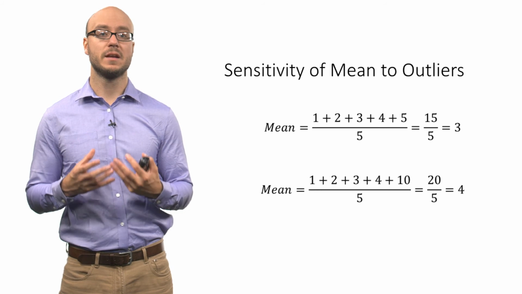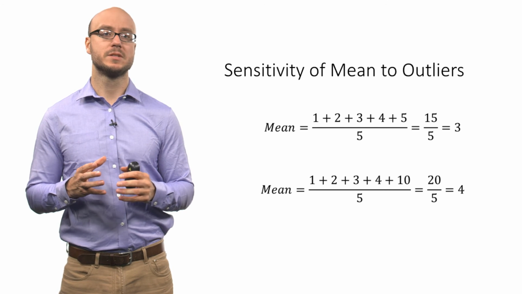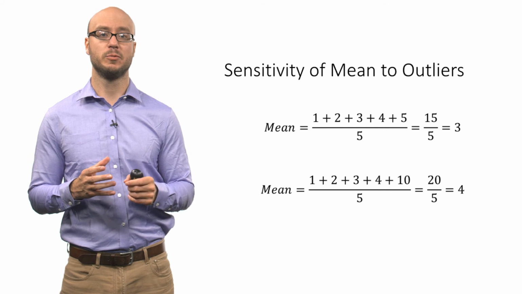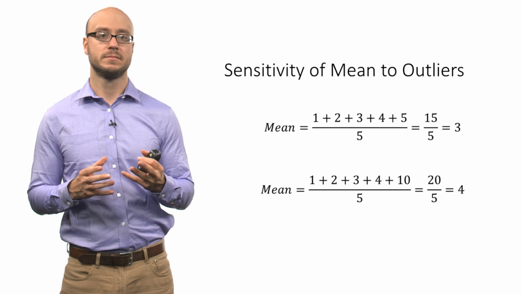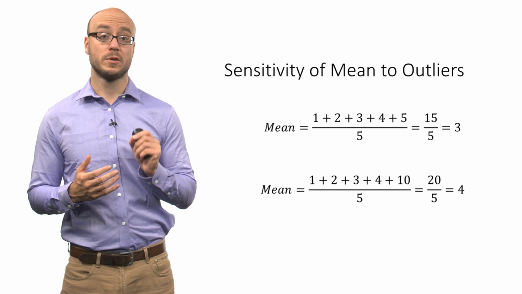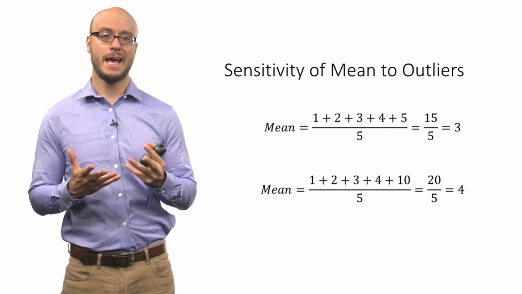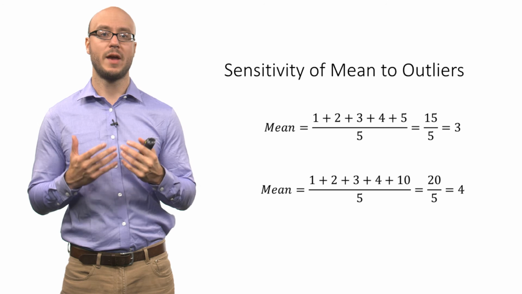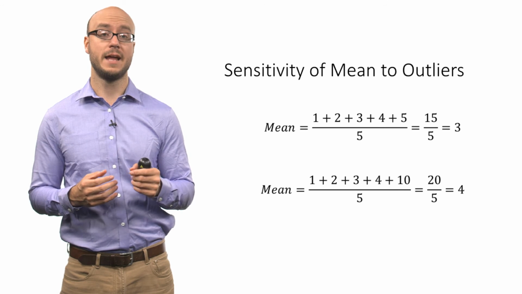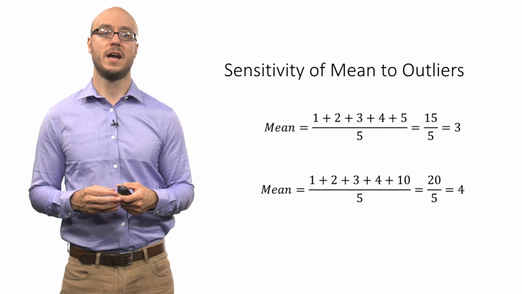So that's the mean of this set of observations. Now what happens if we just take that last value of 5 and just double it? We're just making it a slightly larger value. In other words, we're making it an outlier. Relative to 1, 2, 3, and 4, 10 is pretty large. So when you add up 1, 2, 3, 4, and 10 and divide by the n, which is 5, you get 20 divided by 5, or 4.